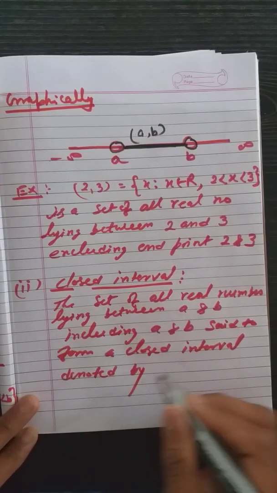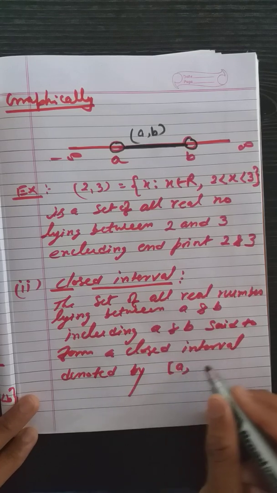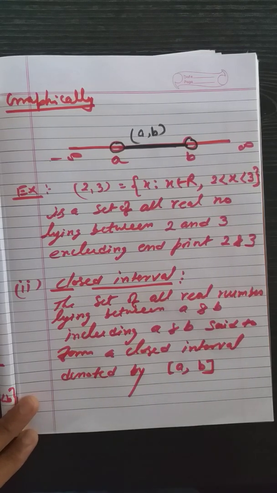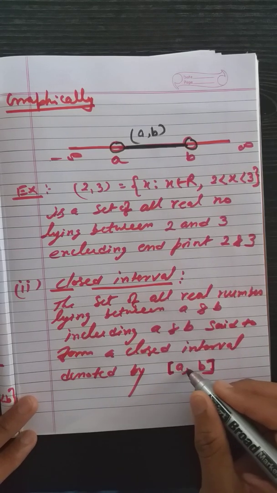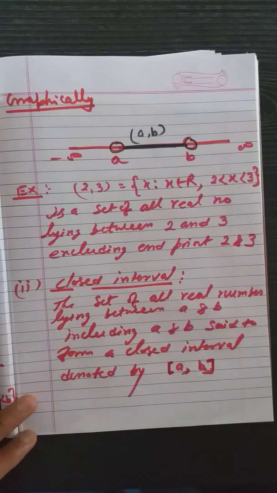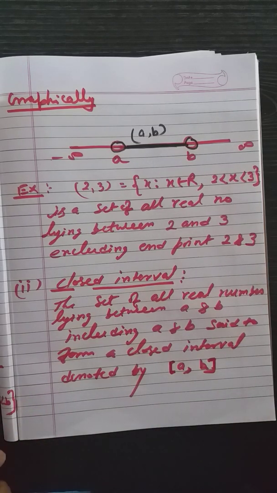It is denoted by the big bracket with a comma b. So this is the sign of closed interval.